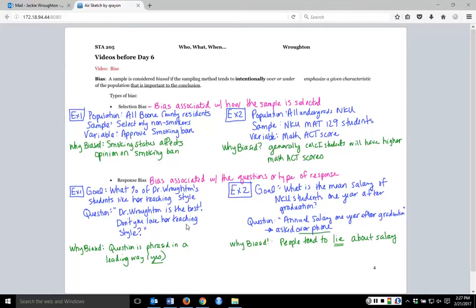Right, I'm not going to actually check up on them, so they can kind of give me any number they want. And when it comes to that certain type of question, how I'm asking it to their face, they're going to have a tendency to lie. So response bias is not only about how the question is phrased, but it's about anything that I'm possibly doing that leads to a certain type of response. So asking it over the phone versus maybe going to the place of employment and getting their salary could possibly make me lead to a certain type of bias.